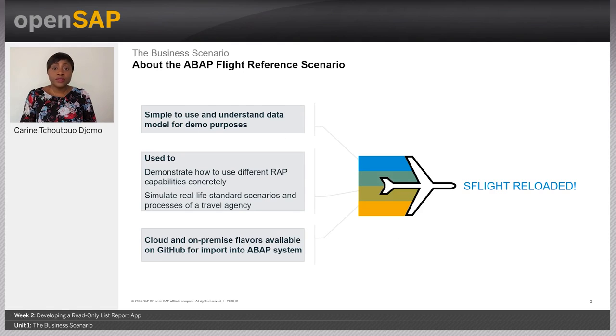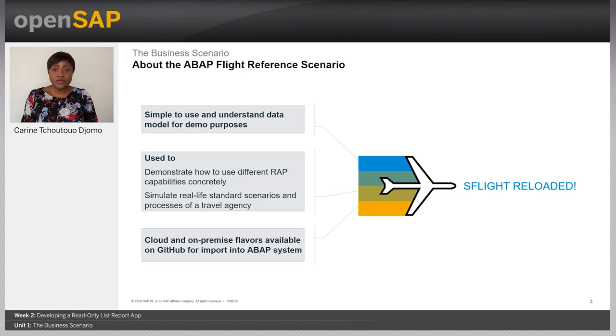The ABAP Fly reference scenario is a new data model, simple to use and to understand, intended for demo purposes and used in training courses, mainly in the context of the ABAP RESTful Application Programming Model. It simulates an application used by a travel agency for booking flights.